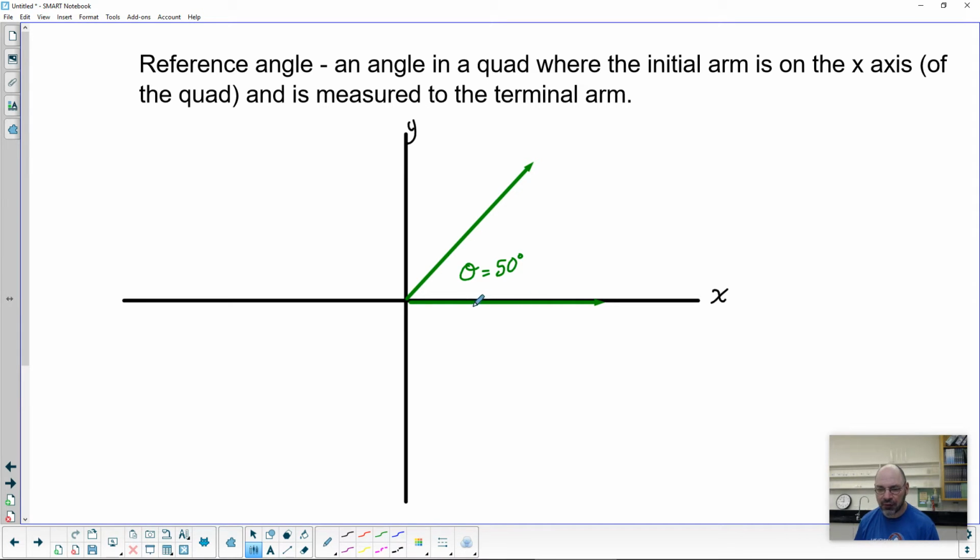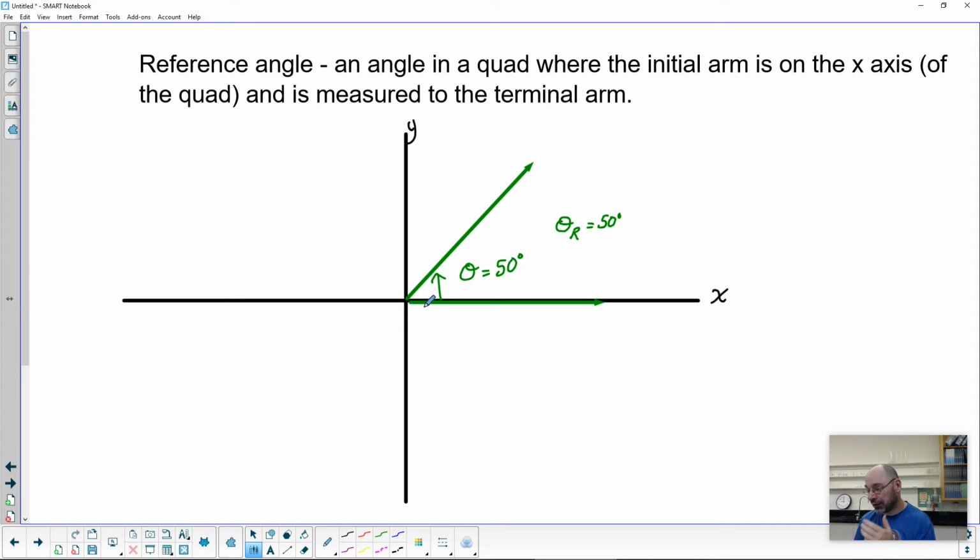That's the angle that we have. Now, what's the reference angle? Well, the reference angle is actually the same because here's the initial arm, it's on the x-axis in quadrant 1. So in quadrant 1, the reference angle, which we'll call theta r, is equal to 50 degrees.